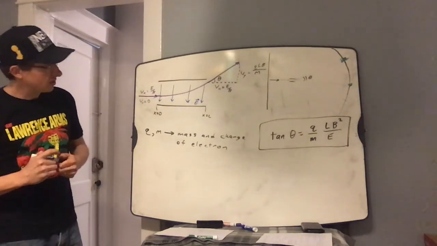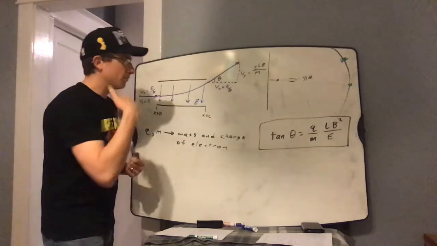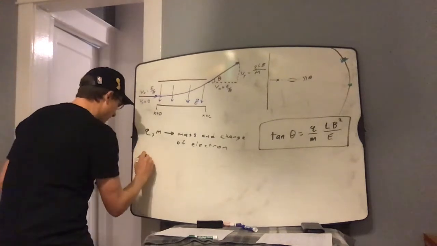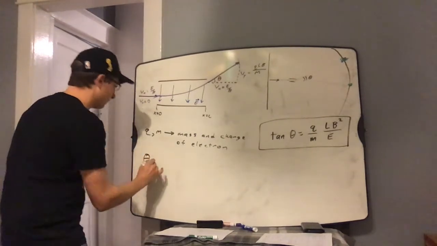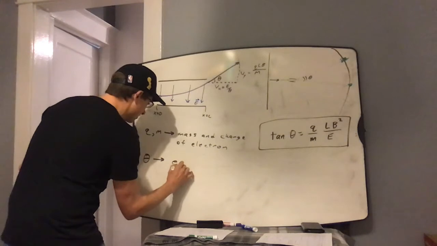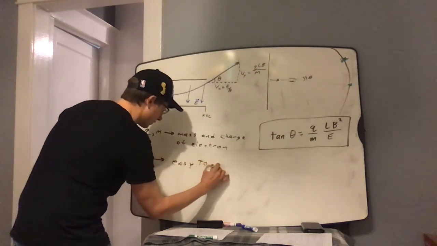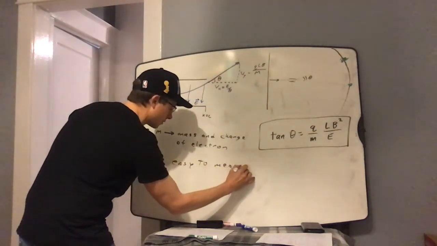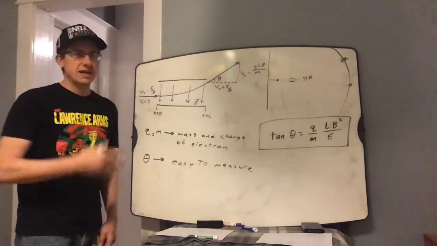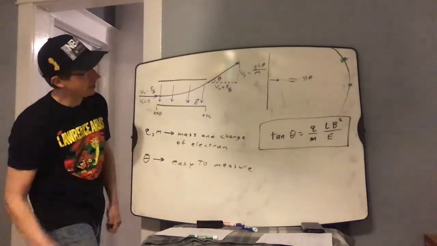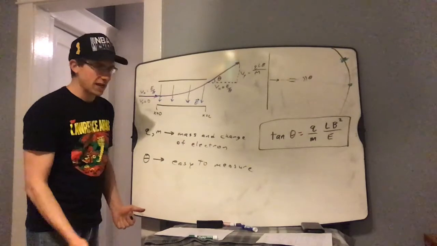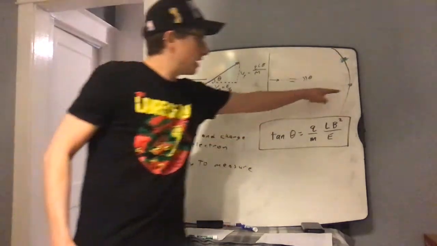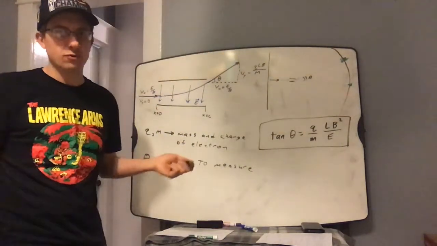Now, what else do we have in this equation? Theta is the angle of the deflection. That's easy to measure, because I just have a phosphorescent screen. I mark the angles on the screen, and I'm just careful. That is not really that bad to measure.